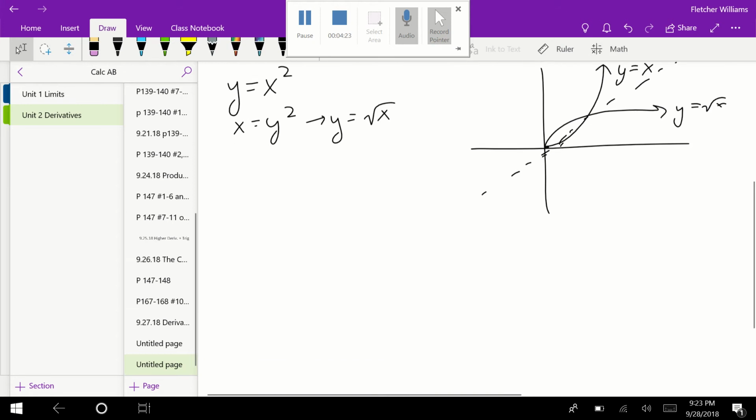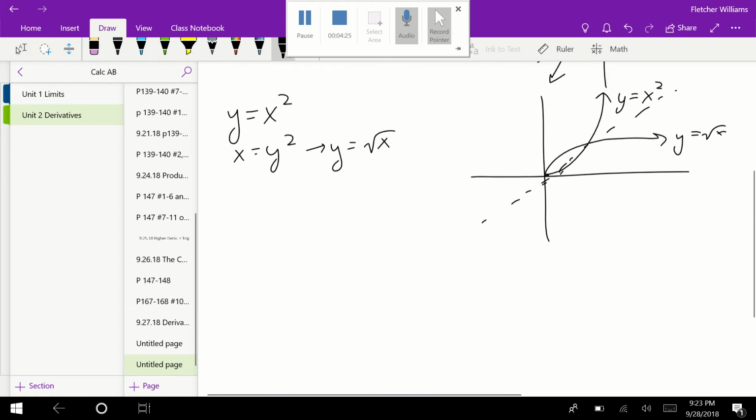There are lots of others. I'm just going to go through a couple real quick. If you remember tangent x, tangent looks something like this back in pre-calculus, and inverse tangent looks something like this.